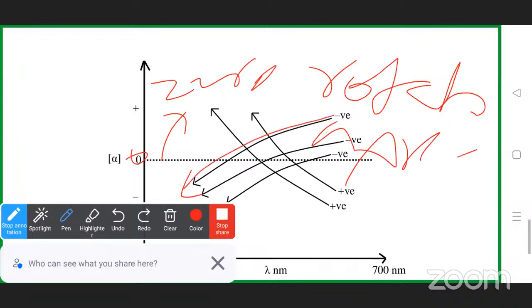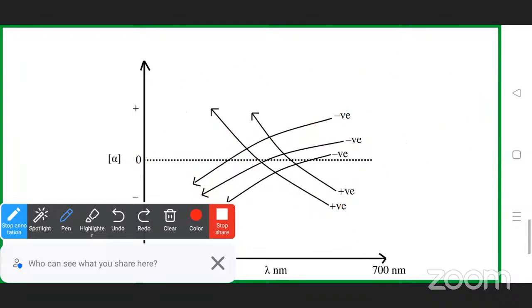Here you see it is crossing the zero, from top to bottom, and it is crossing your zero rotatory axis, and here also it is crossing the zero rotatory axis.